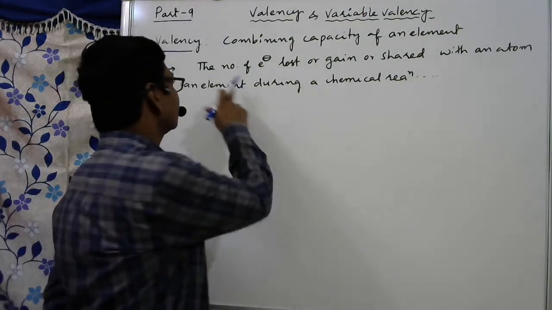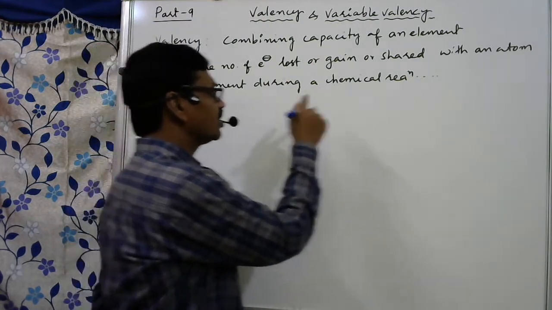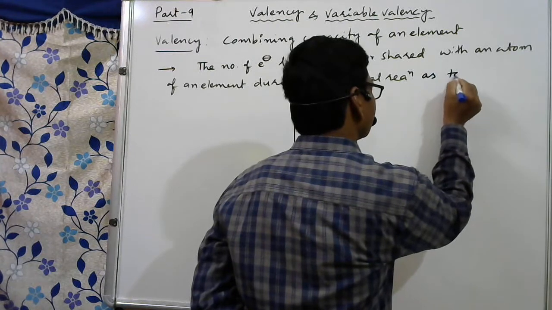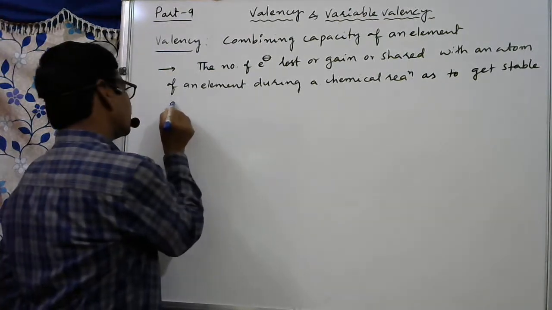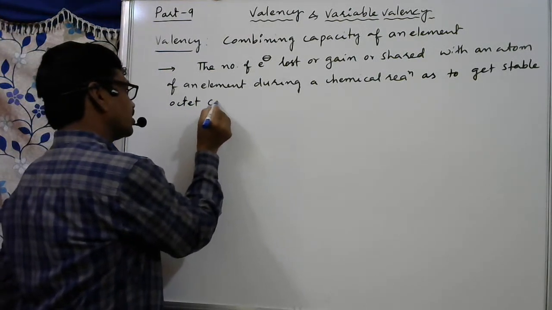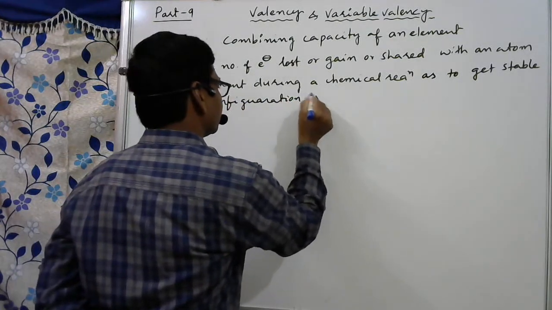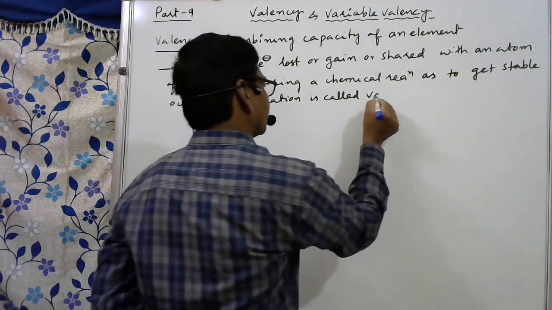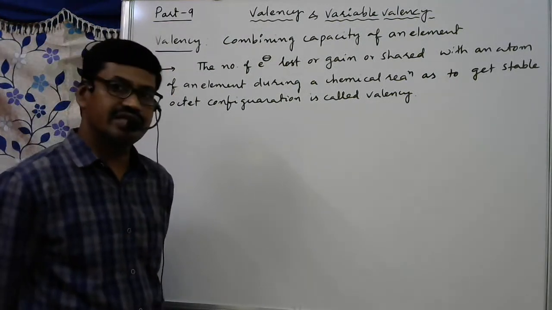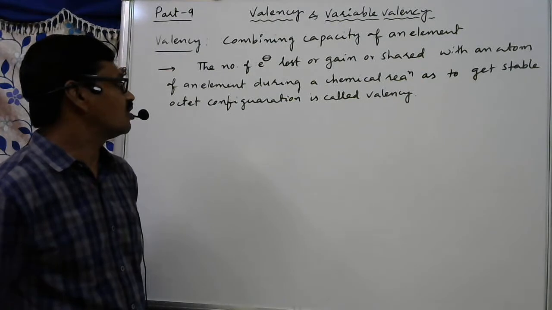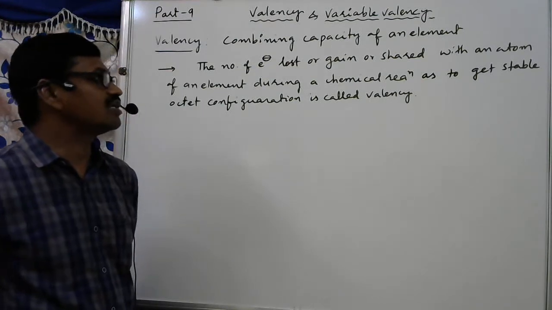So we can extend it: the number of electrons lost or gained or shared by an atom of an element during a chemical reaction to get a stable octet configuration is called valency. This is one of the definitions.